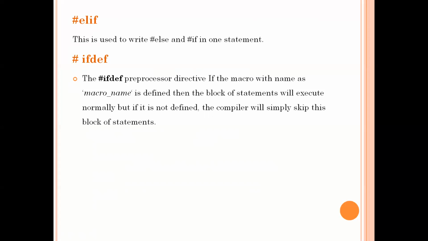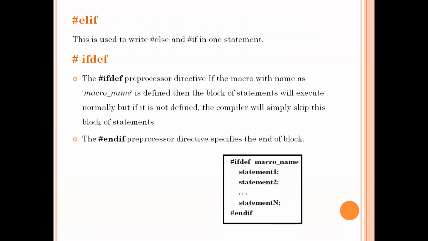Suppose for that macro there is no definition found by using the #define directive, then the #ifdef directive block will not be executed. See one example for this statement. First, see the syntax. The #ifdef preprocessor directive also ends with the #endif directive only. First see the syntax, then you can easily understand. After seeing this syntax, we'll see one example.